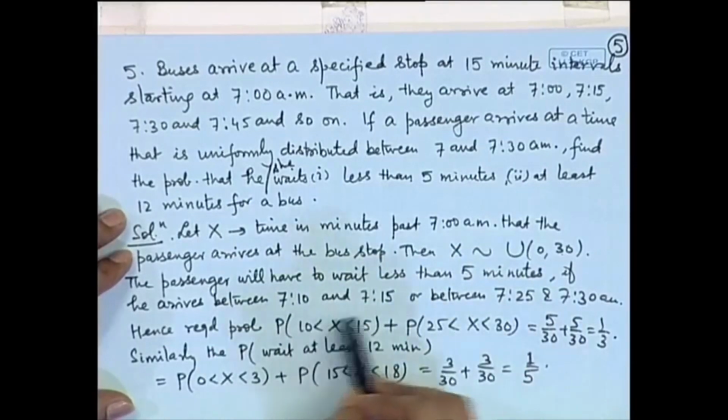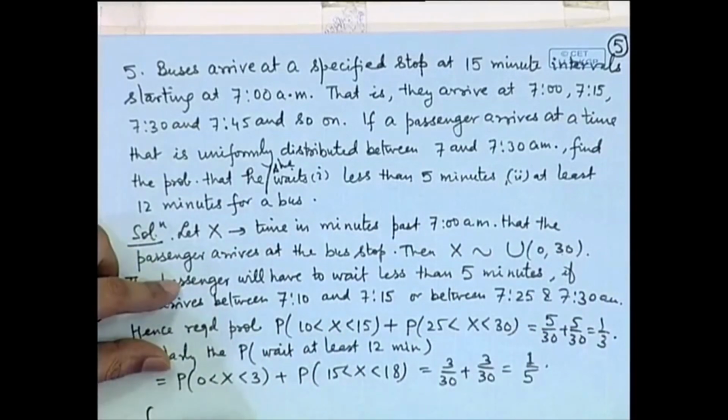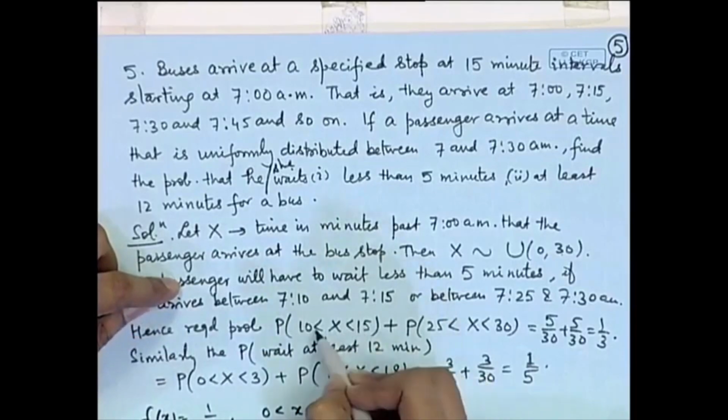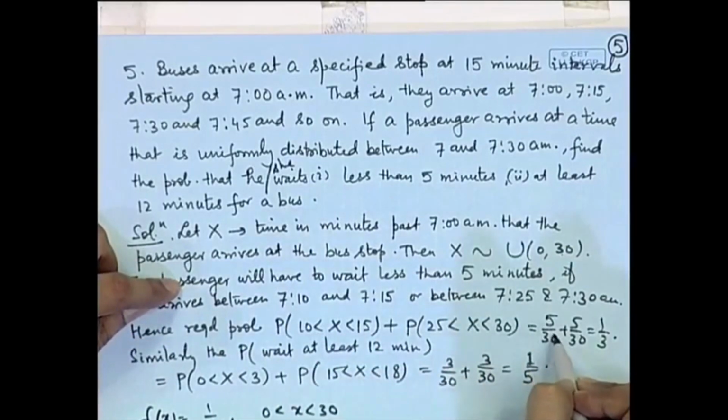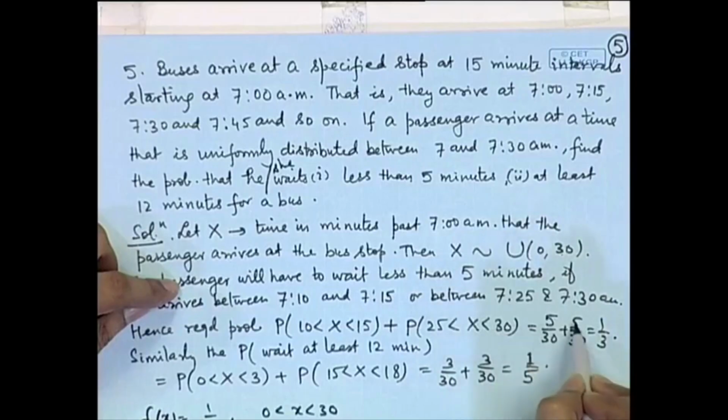Since it is a uniform distribution on the interval 0 to 30, the density of x is 1 by 30, for 0 less than x less than 30. So, the probability of 10 less than x less than 15 will become (15 minus 10) by 30, that is 5 by 30, and similarly the probability of 25 less than x less than 30 will become (30 minus 25) by 30, that is 5 by 30. So, the total probability is 1 by 3.